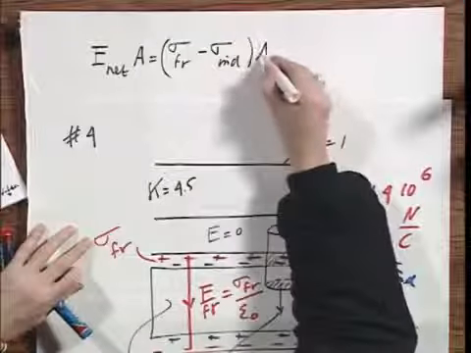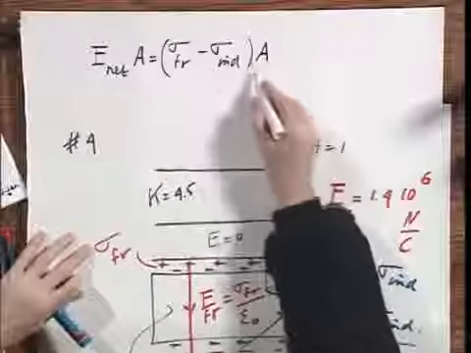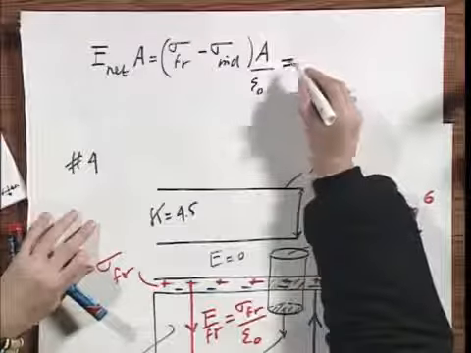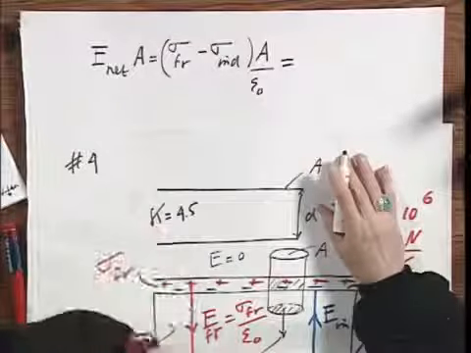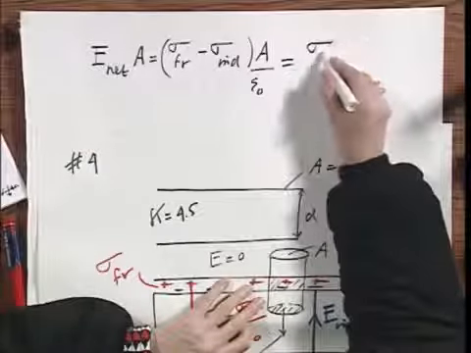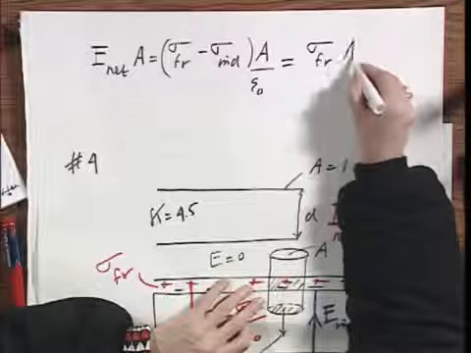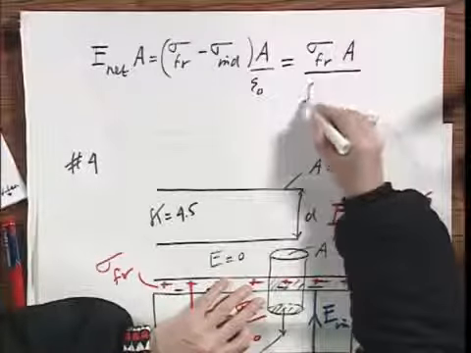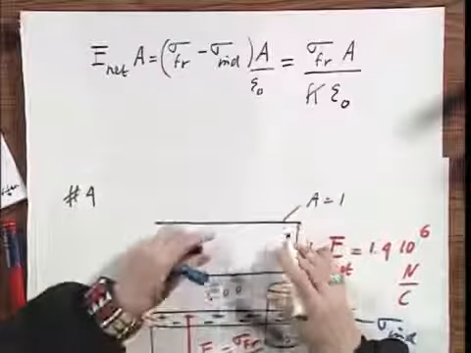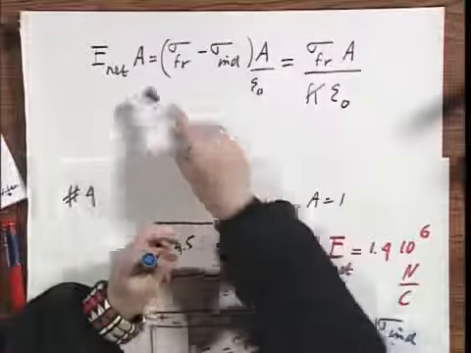Times A, this is the total charge inside my pillbox, divided by epsilon 0. But, and this is the definition for dielectric, it is also equal to sigma free times A divided by that dielectric constant K epsilon 0. This is all the same.